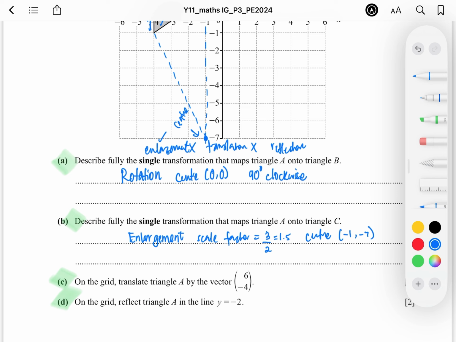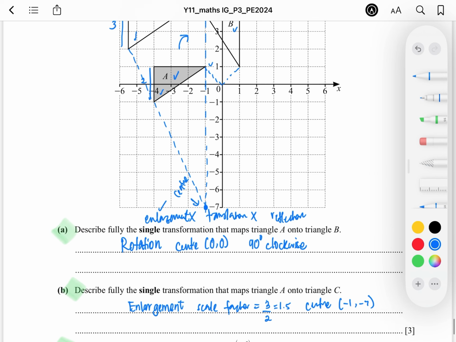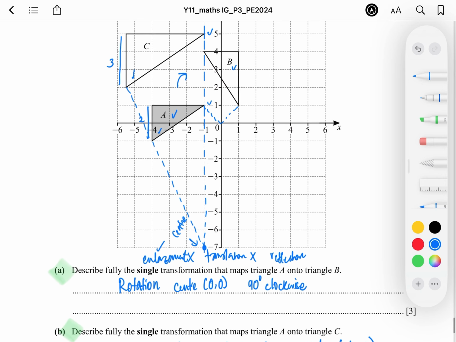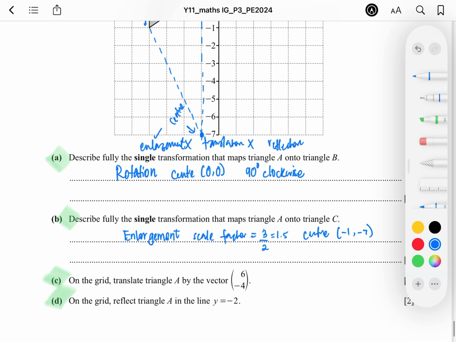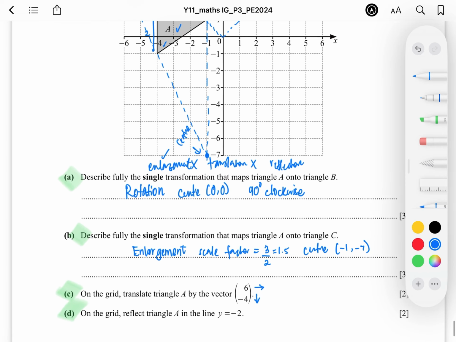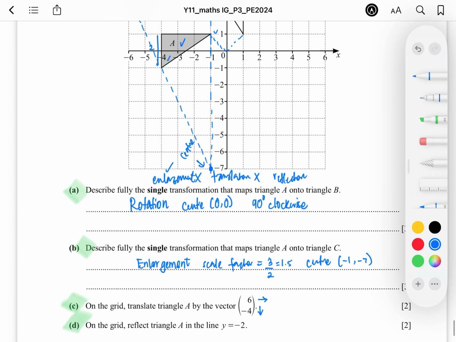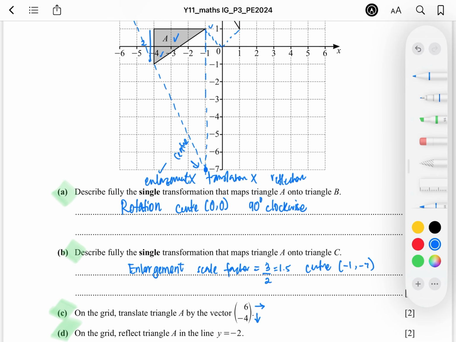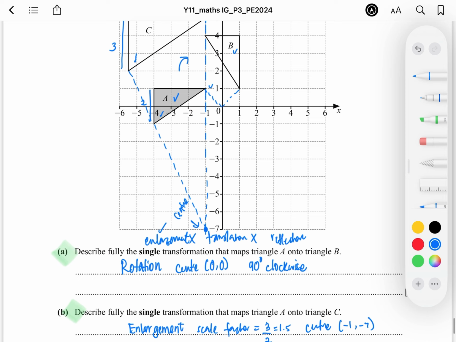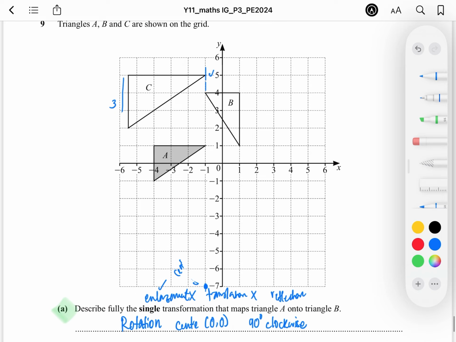Next question, on the grid, translate triangle A by the vector (6, -4). That means going to the right 6 and then going down, because -4 is negative, meaning it's going down. So for each point of A, you move 6 places to the right and 4 down. Let me just erase some of this so you can see it clearly.